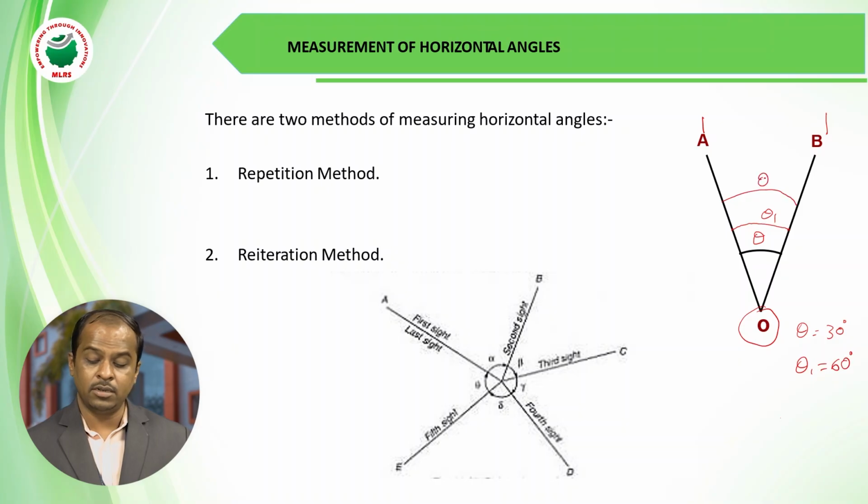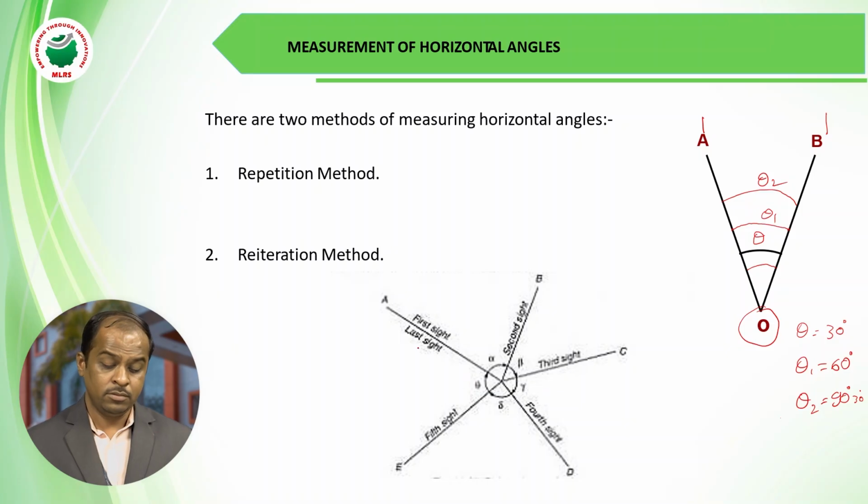Third repetition, theta 2, it may be 90 degrees 30 minutes. By the average of these three, we can get the angle AOB.